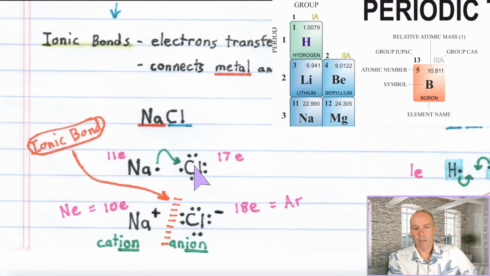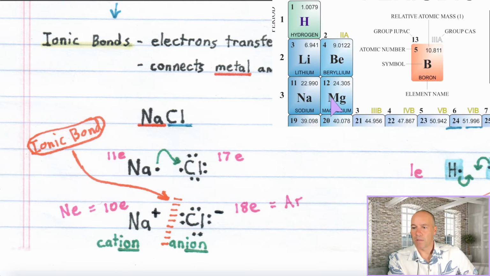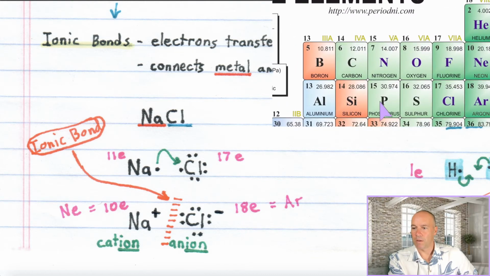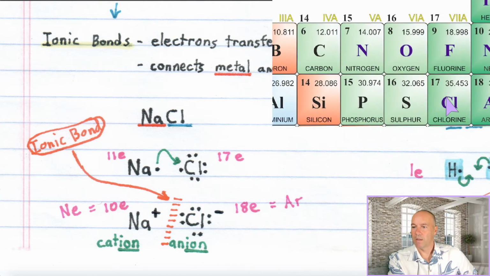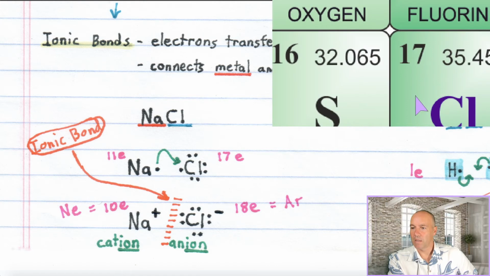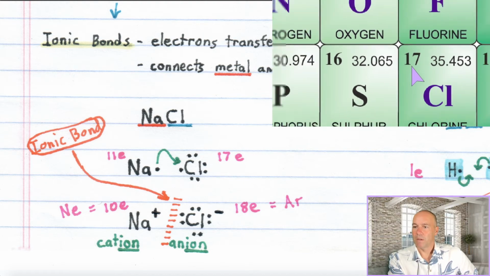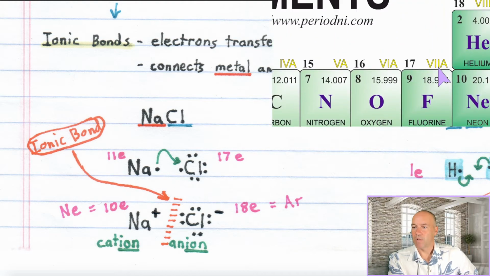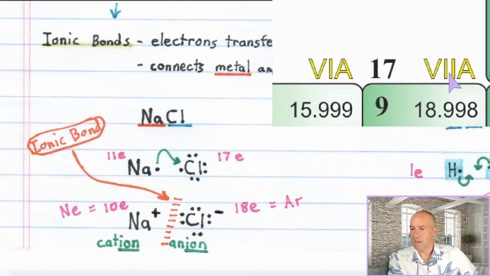Now chlorine is element 17. Let's go find chlorine. It's near the end of the 3rd row, the 3rd period. There's chlorine right there. It's element 17, so it has 17 electrons total, but 7 of them are outer valence electrons, and you can see that from its group number. It's group number 7A.